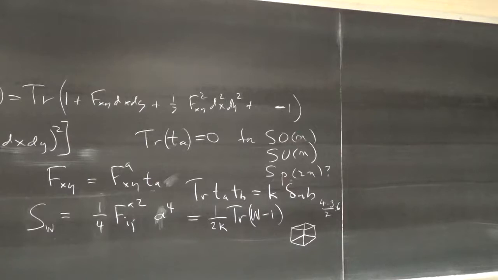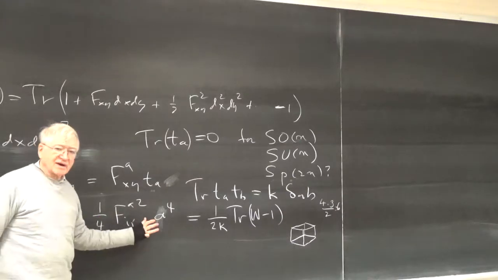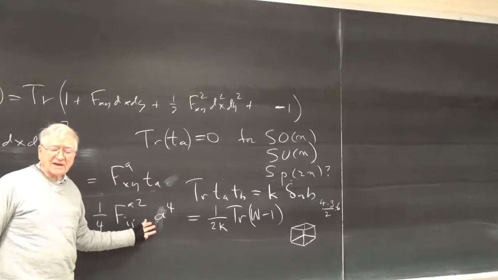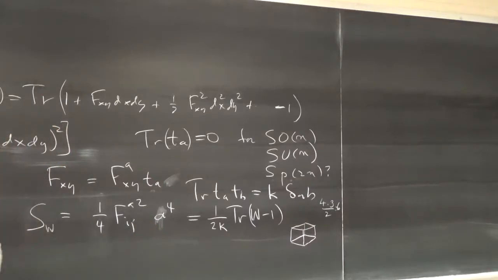And in the limit that the squares are very tiny, that's just the field strength squared. What you want is the field strength squared integrated over four-dimensional space-time. And that gives you the partition function in four-dimensional space.